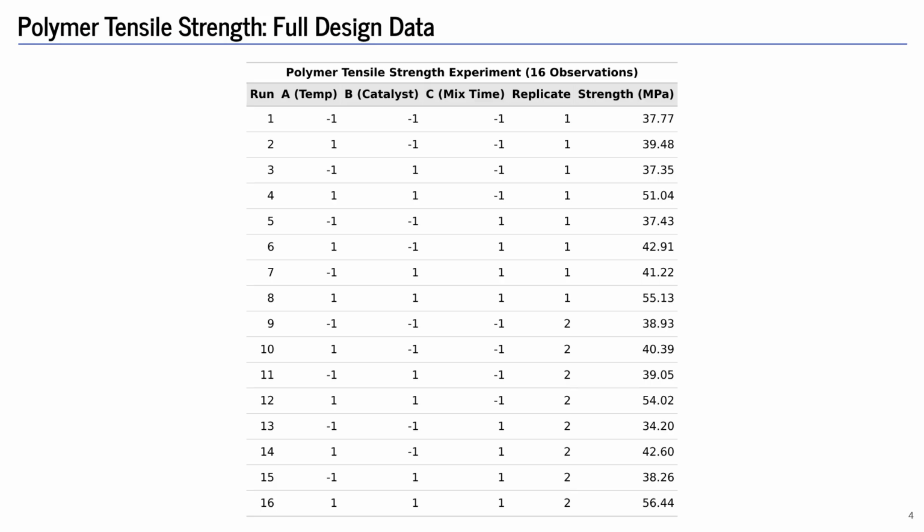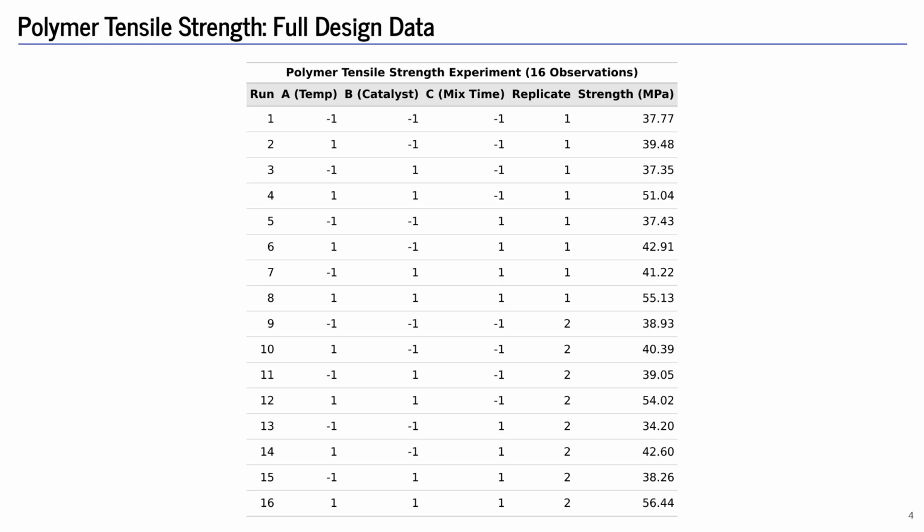We have 16 runs. Each row records the coded levels of temperature, catalyst, and mixing time, which replicate it belongs to, and the measured tensile strength. In the first replicate, the 8 treatment combinations give strengths ranging from 37.4 up to 55.1 megapascals. In the second replicate, the same 8 combinations give strengths from 34.2 up to 56.4.